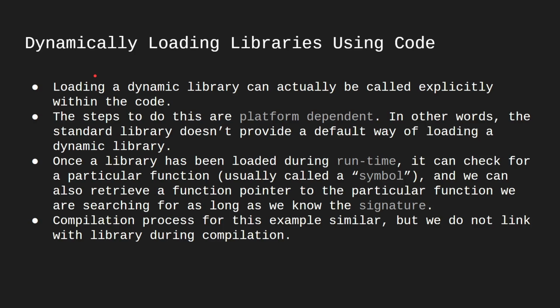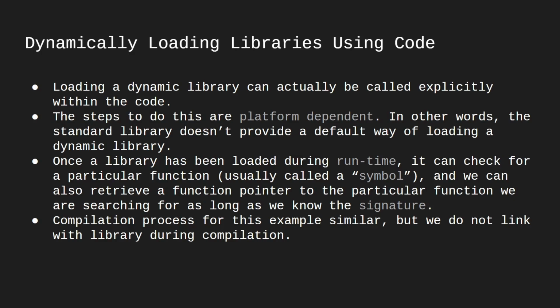Okay, so the other way to do it is dynamically loading libraries using specific code. Loading a dynamic library can actually be called explicitly within code. The steps to do this are platform dependent. In other words, the standard library doesn't provide a default way of loading a dynamic library.